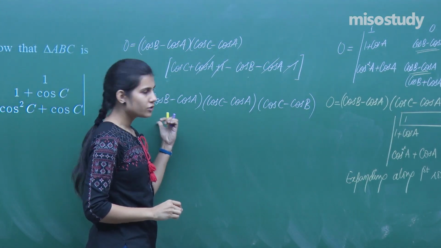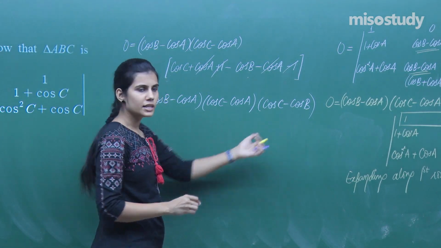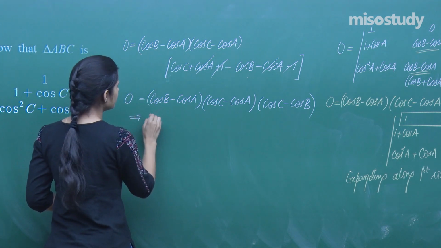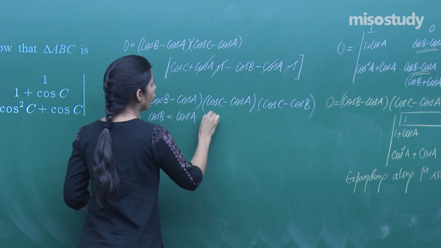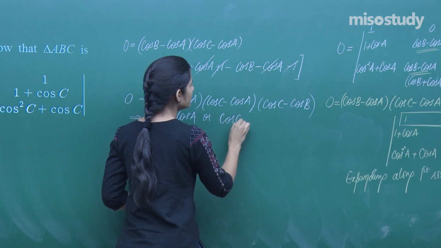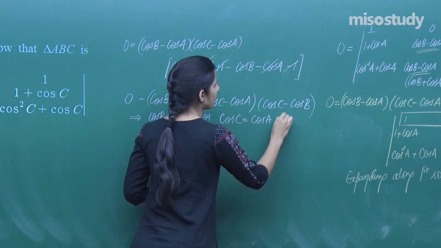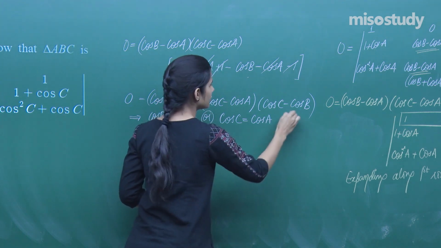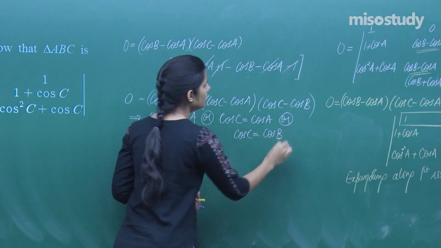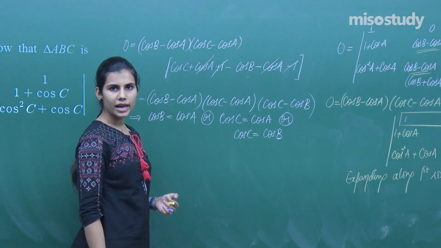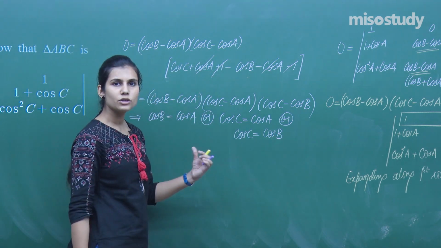Product of three things is 0. That means this is 0 or this is 0 or this is 0. If this is 0, that means cos B equals cos A. Or this is 0 means cos C equals cos A. Or this is 0 means cos C equals cos B. Now A, B, C are angles in a triangle, so they are going to measure from 0 to 180.